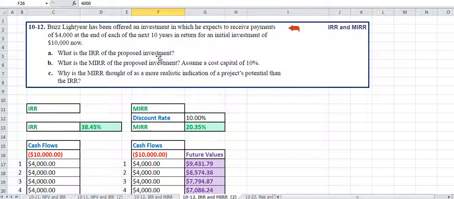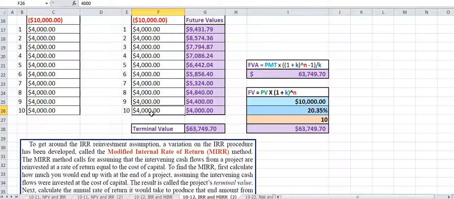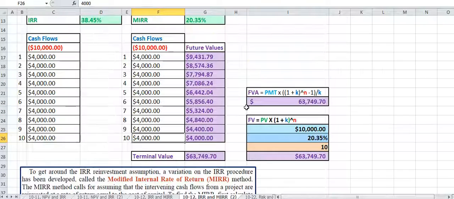Remember, you get it at the end of the year, so on that last payment you're not going to earn any interest at all. So the future value is just 4,000. Which is also true of year 9. No, it's not, it's 4,400. Sorry. Okay, so that's what's going on here.